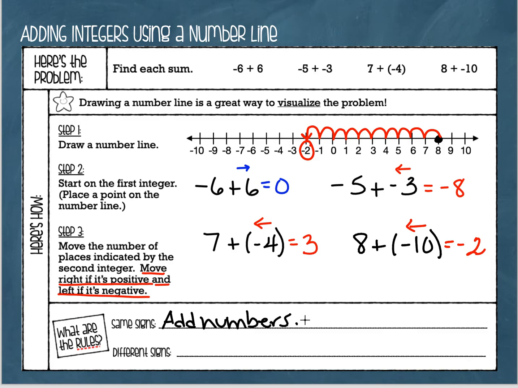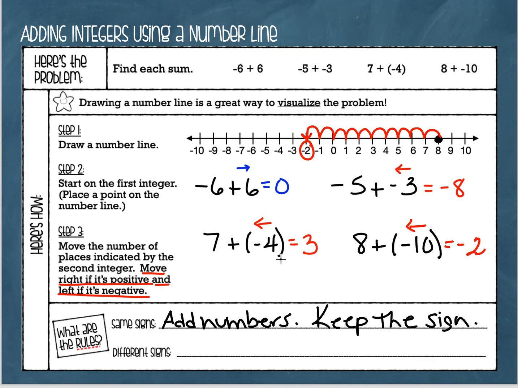And then as far as the sign is concerned, whatever the signs are, you just keep them. If I'm adding a -5 plus a -3 together, I end up with a -8, right? I just add the numbers and I keep the sign. So if we're adding 2 positives together, we're going to get a positive. And if we're adding 2 negatives together, we're going to get a negative.